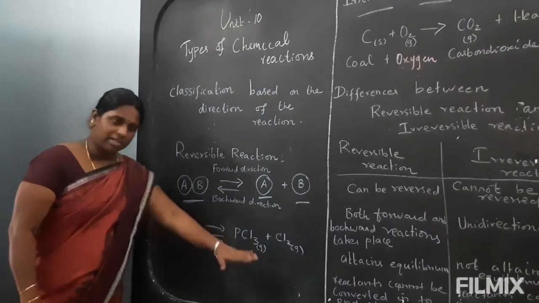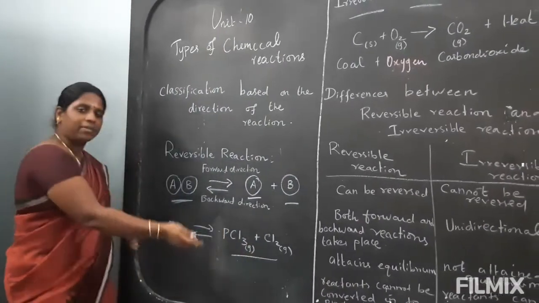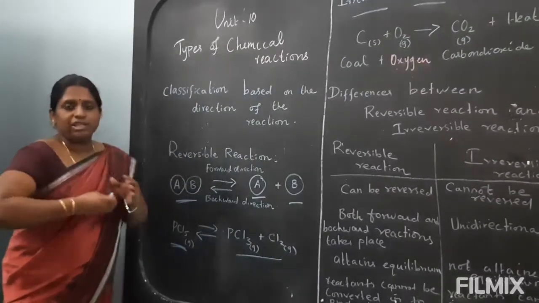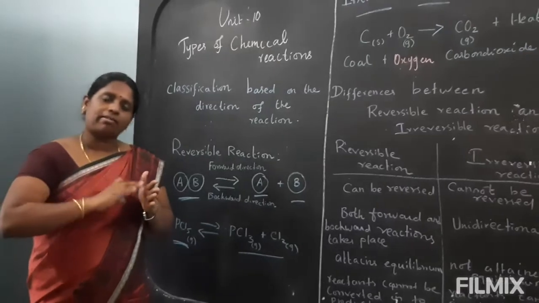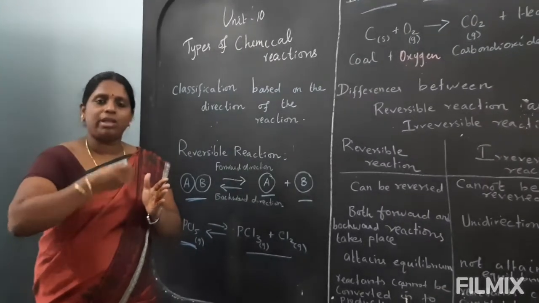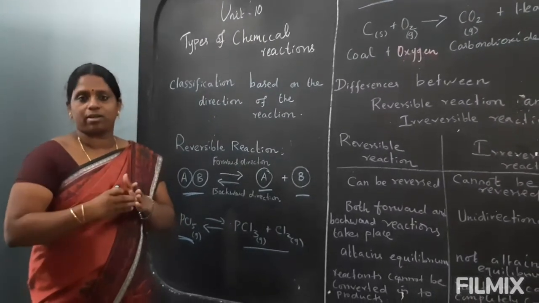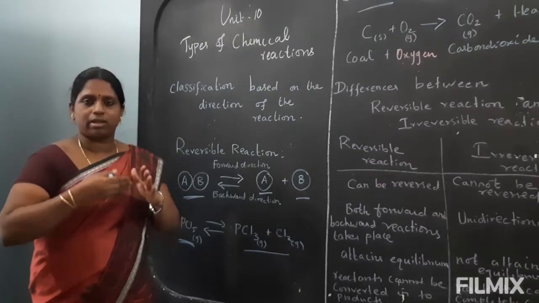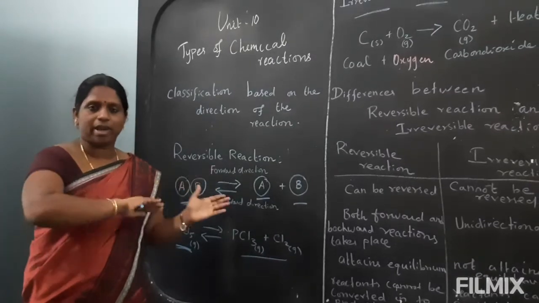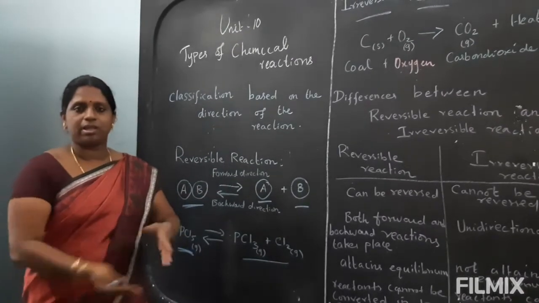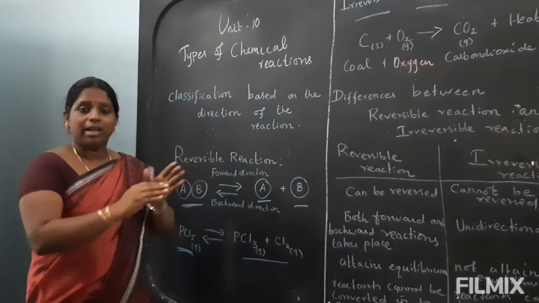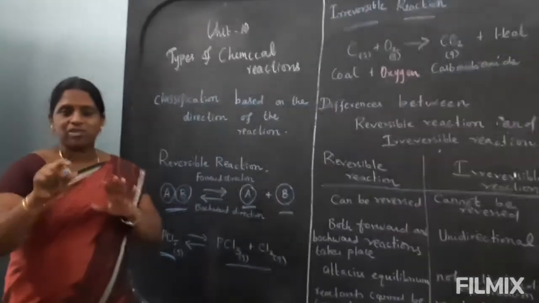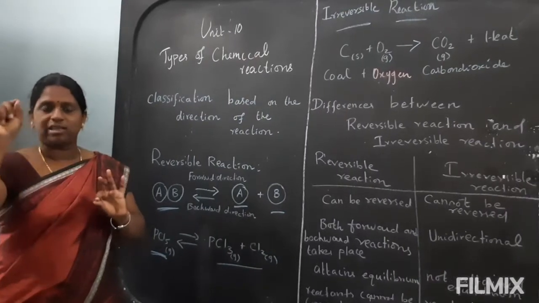These two products can simultaneously change back into the reactant. Initially the reactant slowly converts into product. At one stage, the reactant and product amounts are equal. The reactant is converted to product, and simultaneously the product is converted into reactant. That state is called equilibrium.